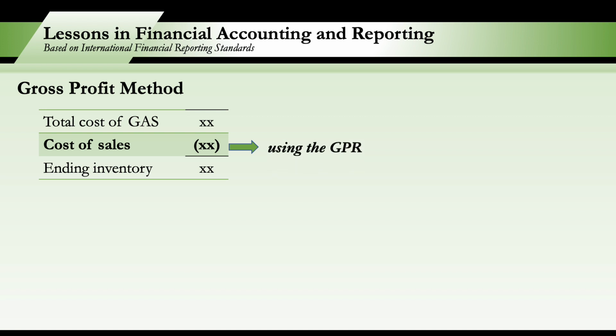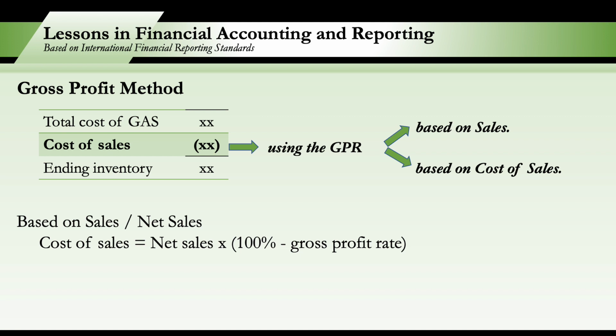And our gross profit rate is based on the sales or net sales and cost of sales. When we say based on sales or net sales, the cost of sales is equal to net sales times 100% minus gross profit rate. So it means here that the sales account or our sales is at 100%.